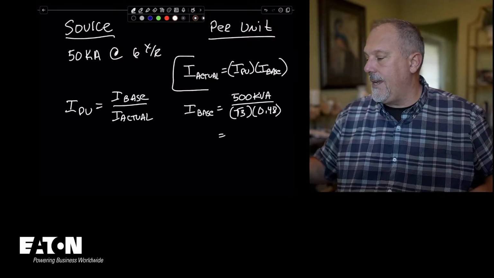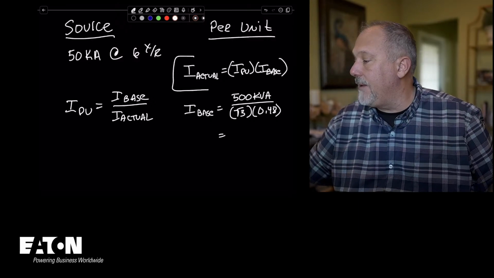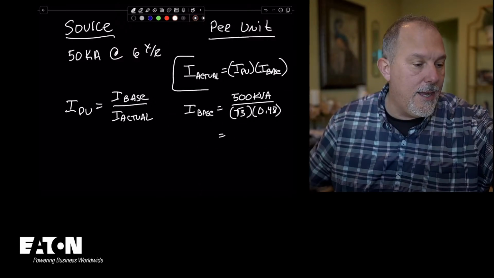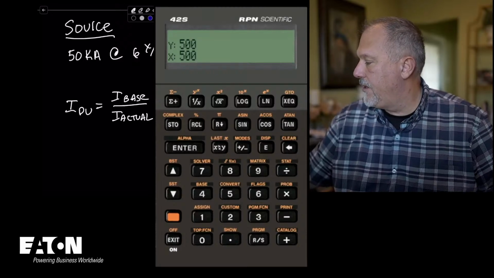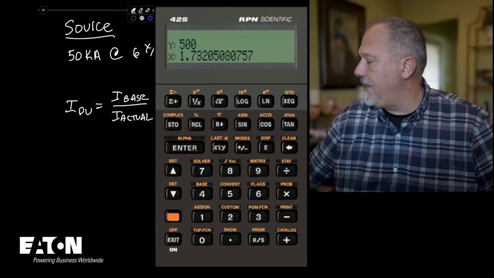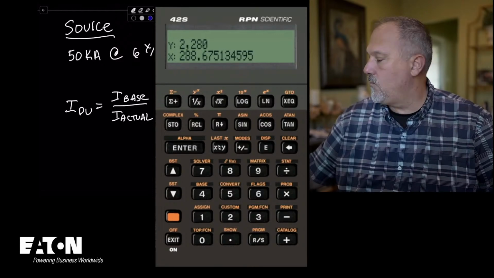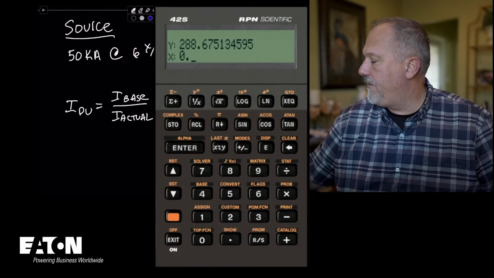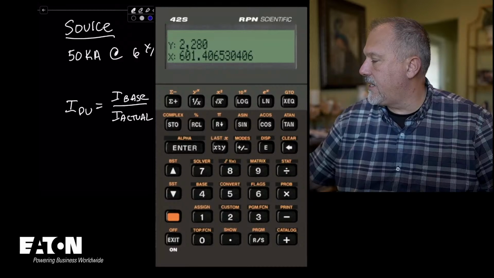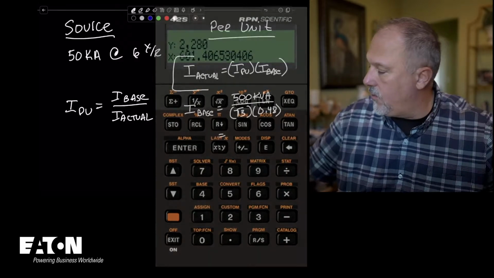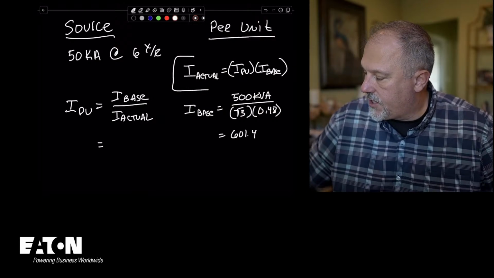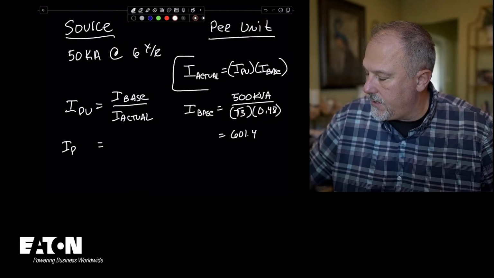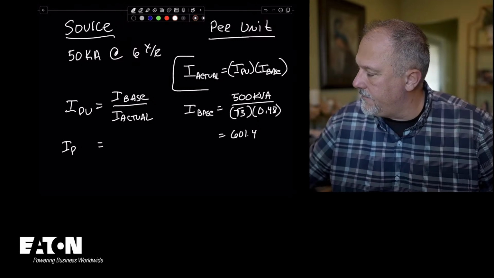I already calculated it, but I am going to calculate it again. 500, square root of 3, divide, 0.48, divide, 601.4.